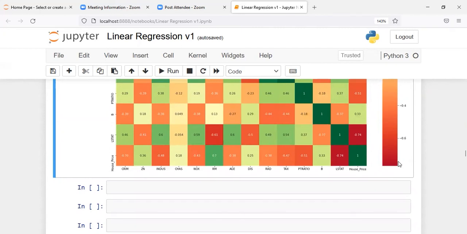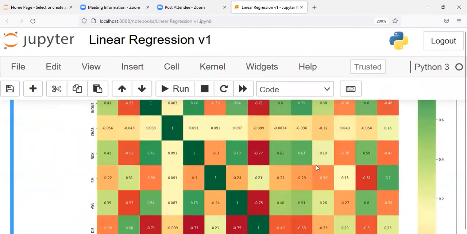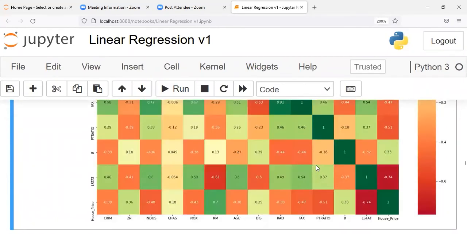So strong negative correlation is highlighted using red color, and strong positive relationship is highlighted using green color. If the correlation is moderate, it is shown in terms of yellow color. You can see the last variable here, housing price, which is the dependent variable.